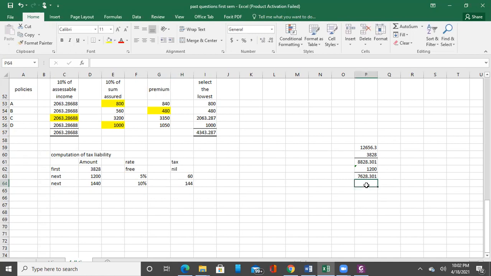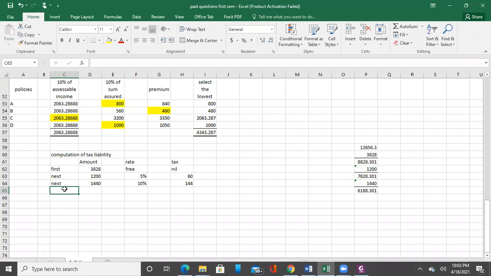So if we take the 1440 out, how much will be left? Is what we are looking at now. So the 7628 minus 1440 should give us 6188. Then the next bracket is saying that if the money will reach 36,000 and over, then count 36,000 and tax at 17.5%.